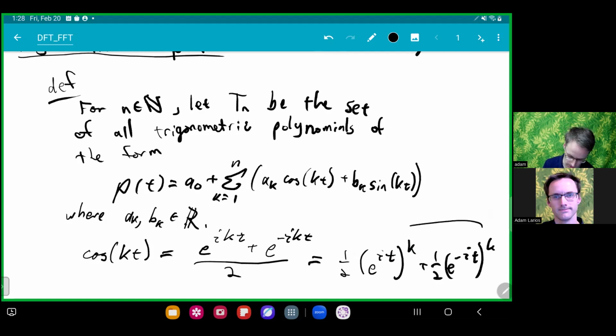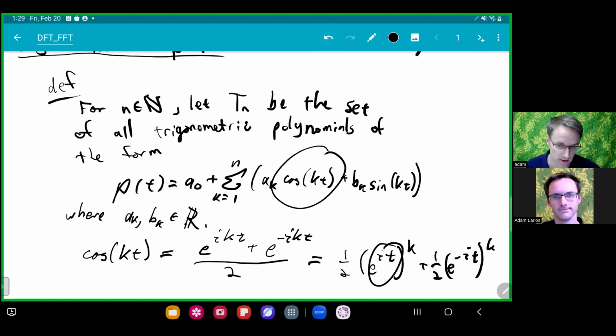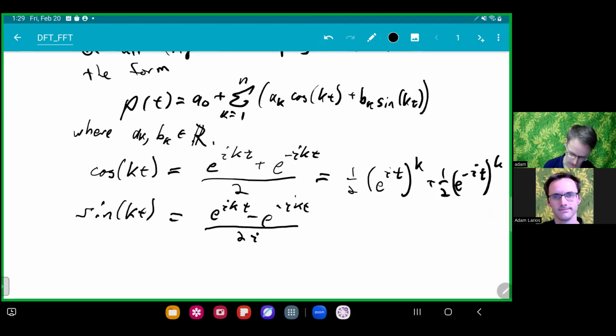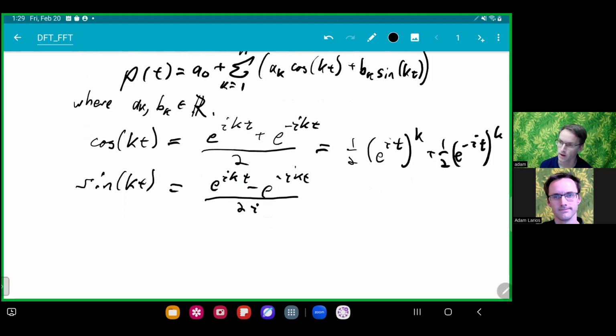And so expanding out everything in this form, we see that we are getting polynomials where we are evaluating at the point e to the it. Similarly for sine kt, as a reminder, it's e to the ikt minus e to the minus ikt over 2i, and we have a similar expansion there.